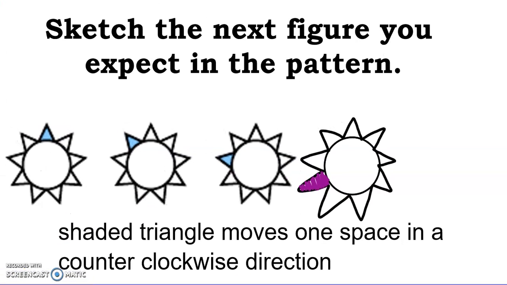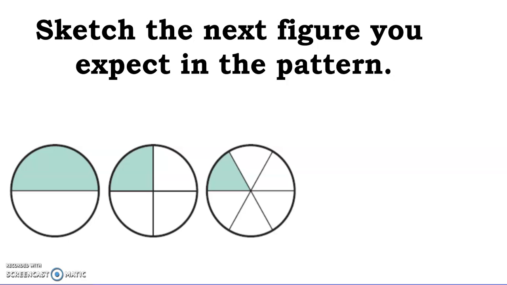This next example, we have a circle with the top half shaded. Now we have 4 equal parts with the top left part shaded. Now we have a circle with 6 equal parts with the top left part shaded. So we have 2, 4, 6.